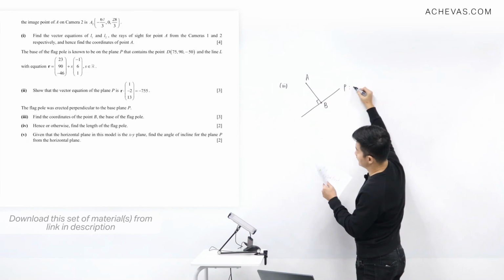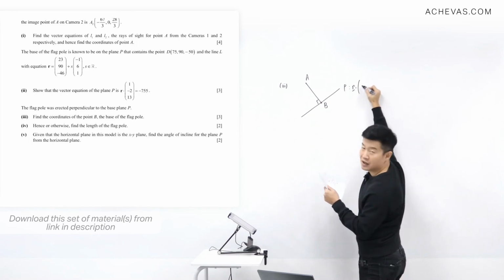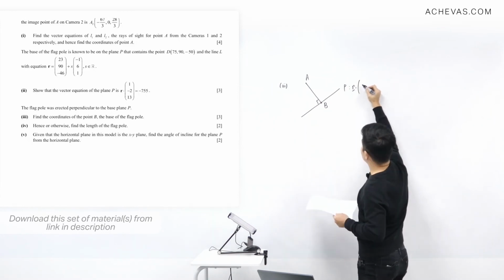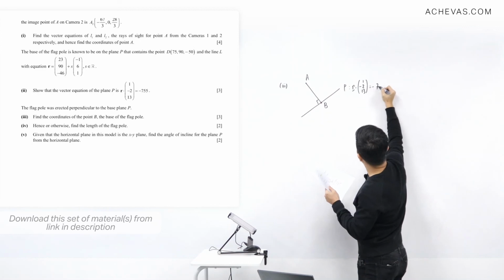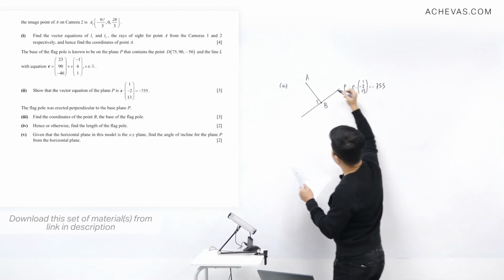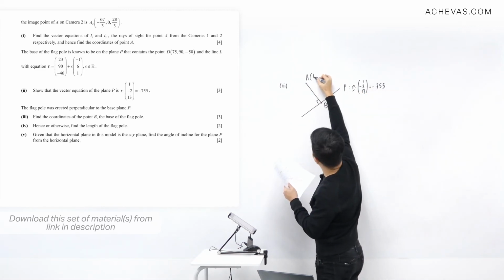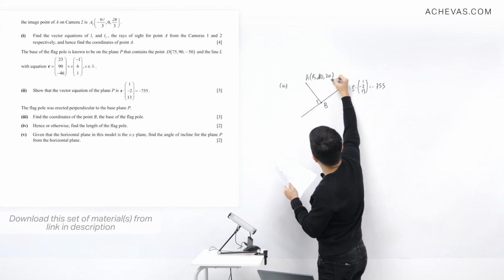So let me just write down the numbers that we have found previously. For the plane P, we have also shown the vector equation is this, negative 755. For point A, we found the coordinates. So this is 15, 80, then 20.